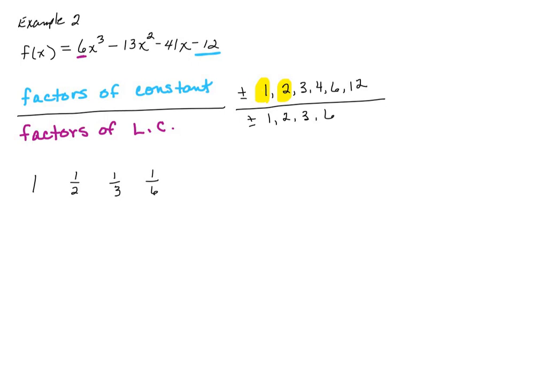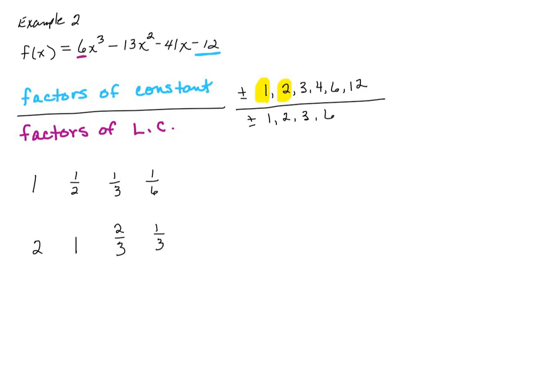So I have 2 over 1, and that's 2. 2 over 2 is 1. And I have 2 over 3. And then I have 2 over 6, and 2 over 6 will simplify to 1/3.